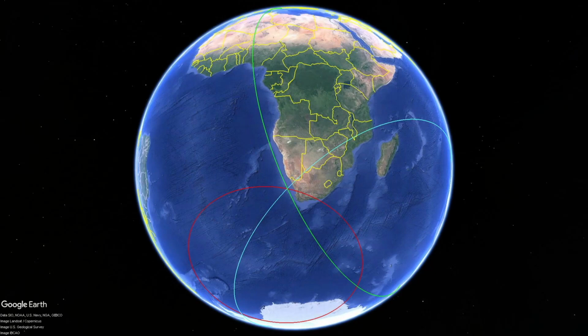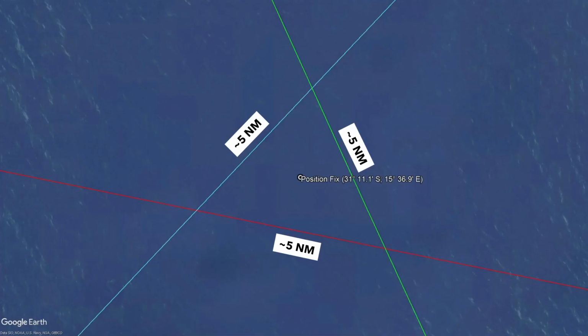And where these circles intersect is my position fix. So this is it, zoomed right in, just so we can see how tightly these three circles intersect. So my position fix, which looks to be accurate to within about 2 nautical miles, is 31 degrees, 11.1 minutes south, 15 degrees, 36.9 minutes east.